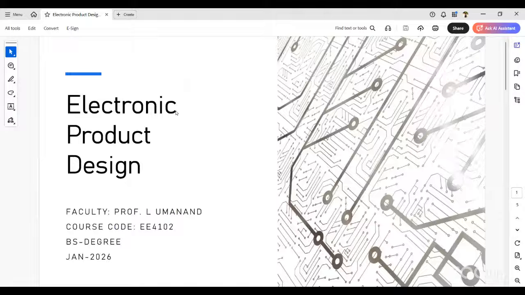So this course is like a stepping stone into real life applications and what actually happens in actual electronic systems that we see in industry.